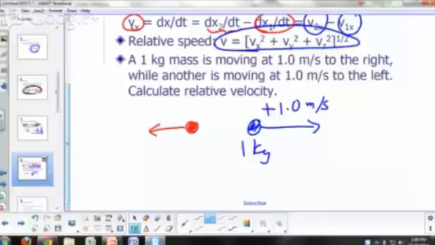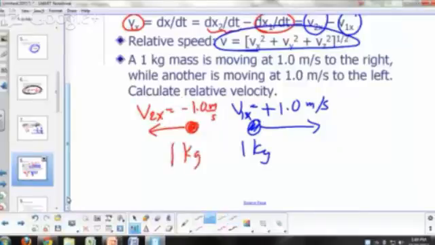So v1x is positive 1.0 meters per second, and v2x is negative 1.0 meters per second. Also 1 kilogram. Let's just say they're both 1 kilogram to make things simple.